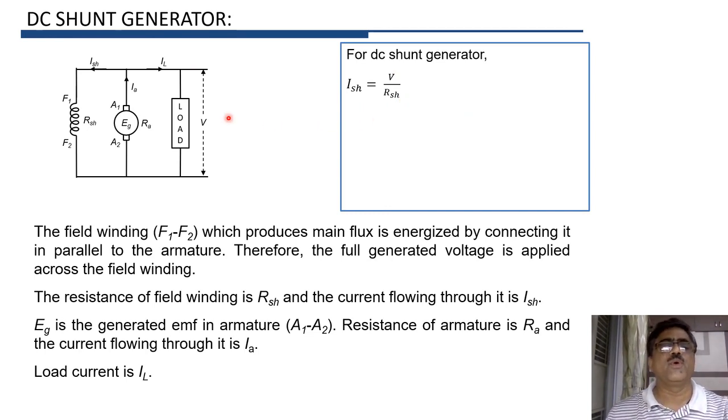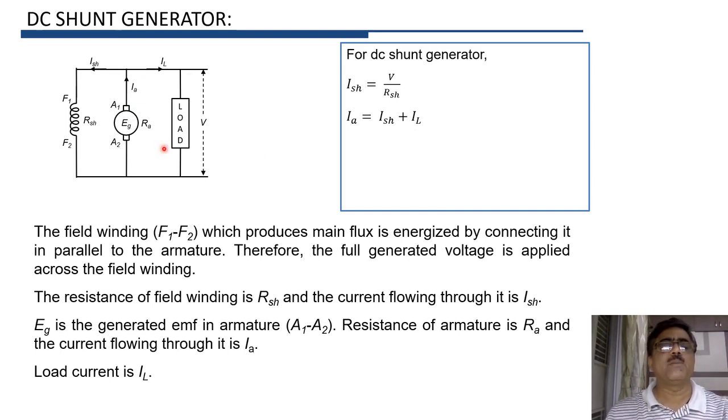Then if you apply Kirchhoff's current law at this junction, you can see that IA is the incoming current, whereas ISH and IL are outgoing currents, and therefore IA is equal to ISH plus IL. So armature current is the sum of field current and load current.